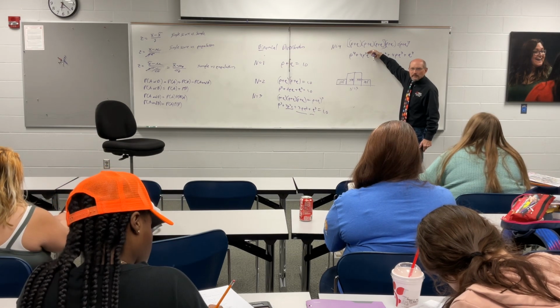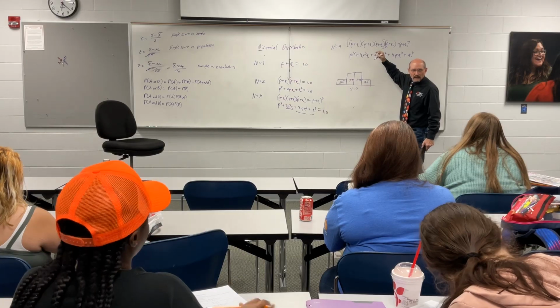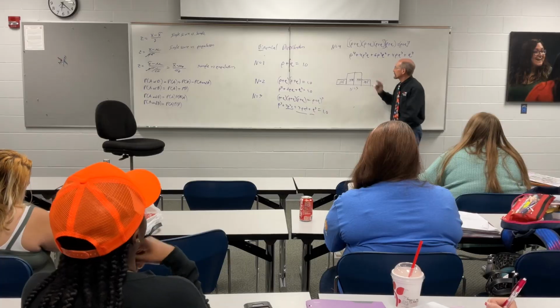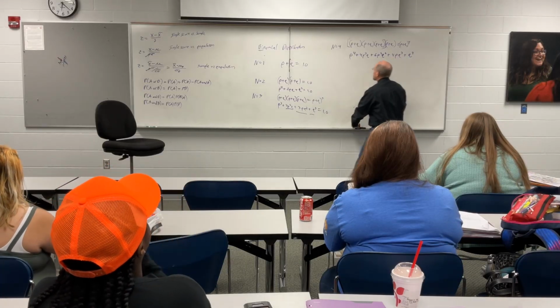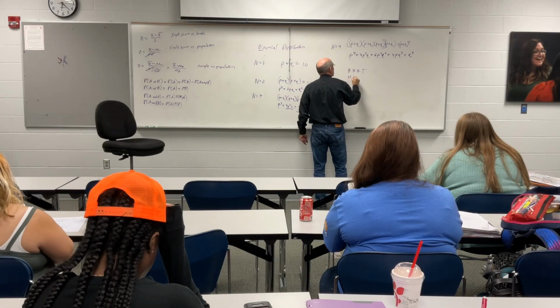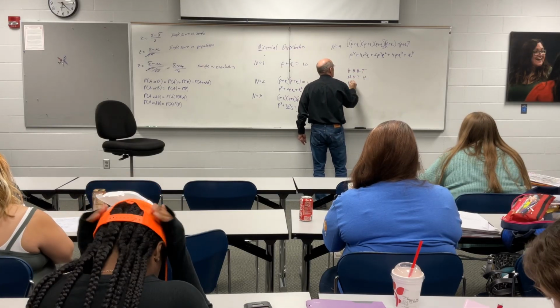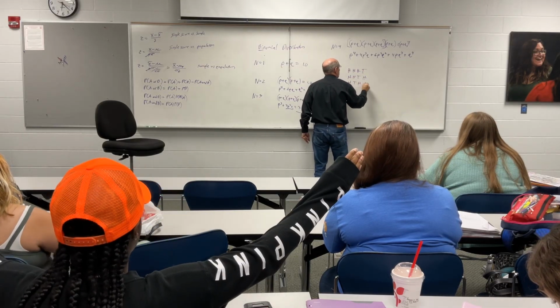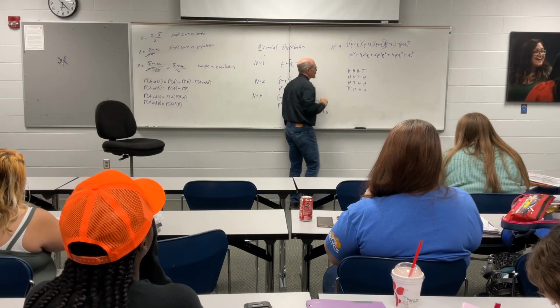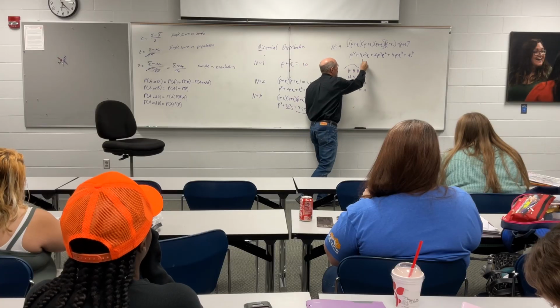How many ways are there to do that? 4. There are 4 ways to do that. That's represented by the coefficient here. I can have heads, heads, heads, tails; heads, heads, tails, heads; heads, tails, heads, heads; tails, heads, heads, heads. 4 ways to do that. That is all represented by that term.